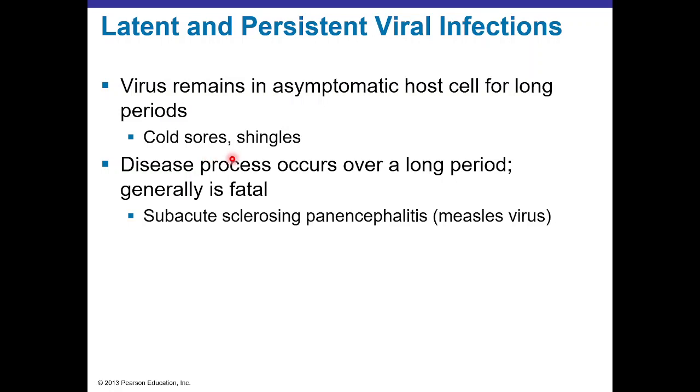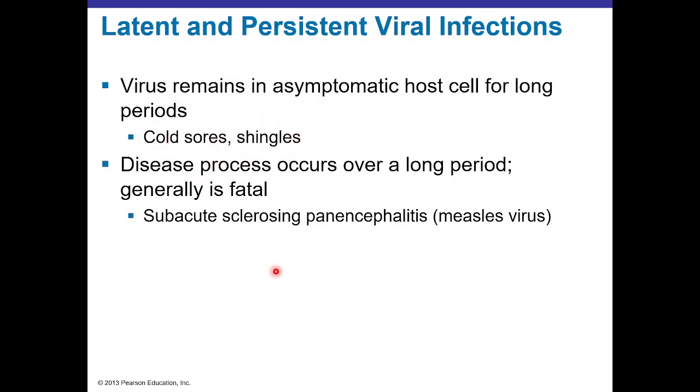In this case, we have the virus living in the host cells for as long as the host will live. And these viral infections, latent or persistent, will in some cases be asymptomatic, like when someone initially had cold sores, but these cold sores don't appear anymore. But when the person becomes immunocompromised, the cold sores return, or also in the case of shingles.